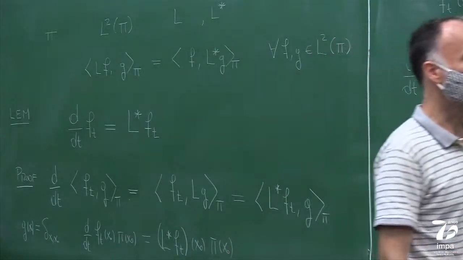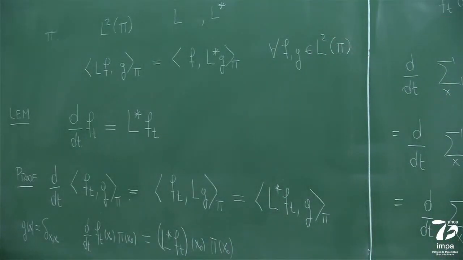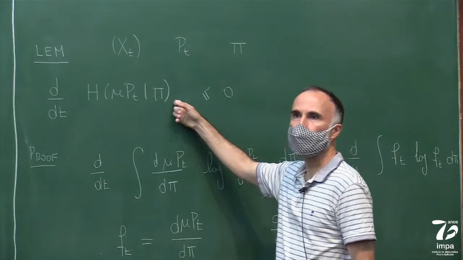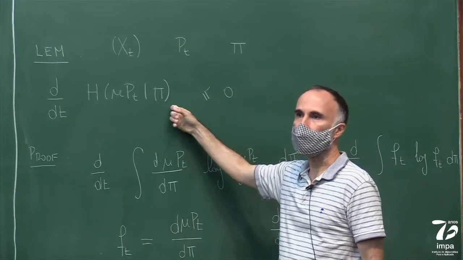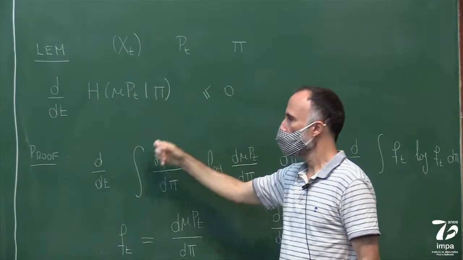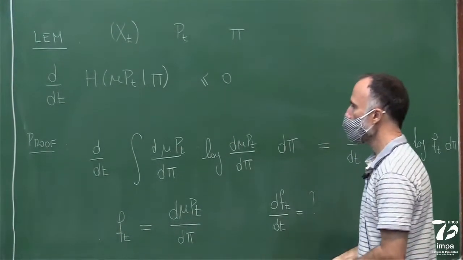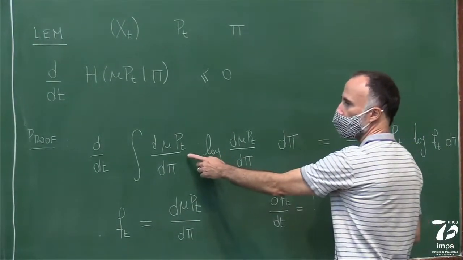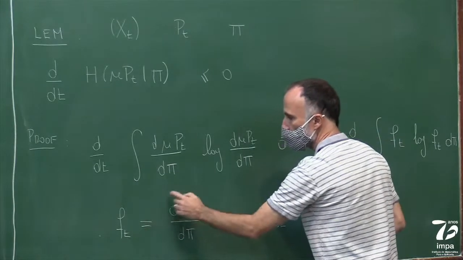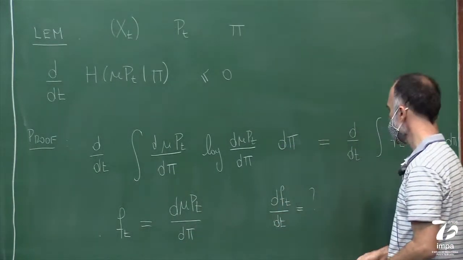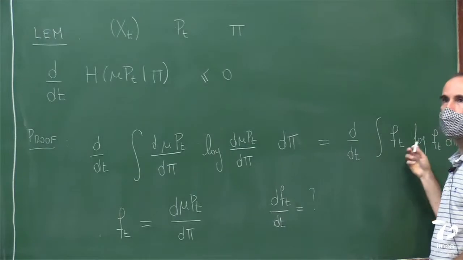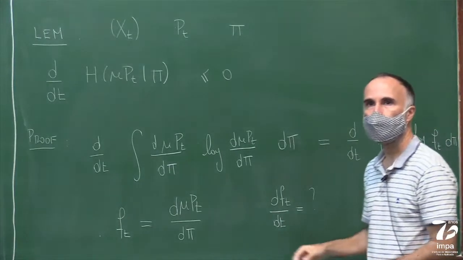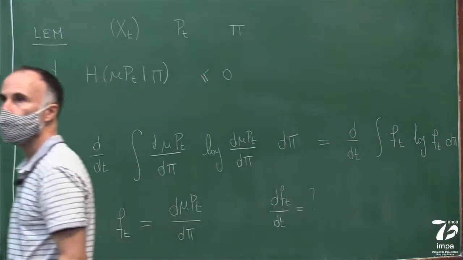And now I can go back to my proof and recall that what we are trying to do is to take the time derivative of the relative entropy. And by writing Ft as the Radon-Nikodym derivative, what we have to do is to compute this derivative.